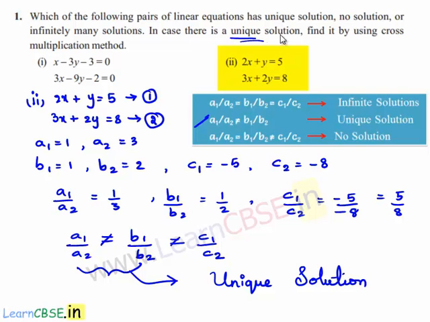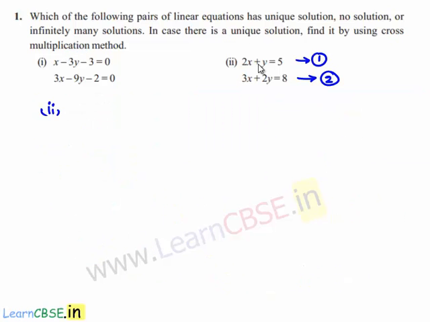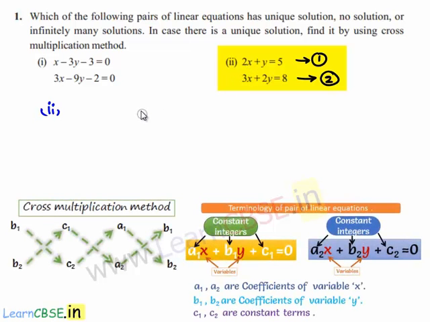Also, if there is unique solution, we need to find the solution for the given pair of linear equations by cross multiplication method. So in order to solve the given set of linear equations by cross multiplication method, first we need to draw the diagram which is as shown here. So first write x, y and 1.